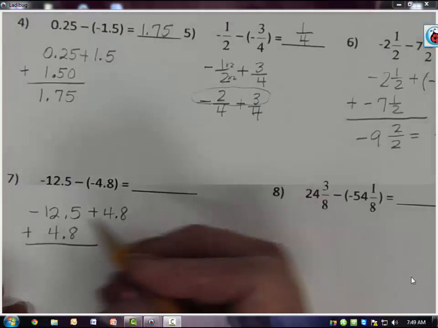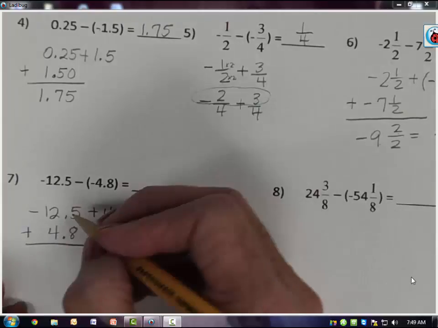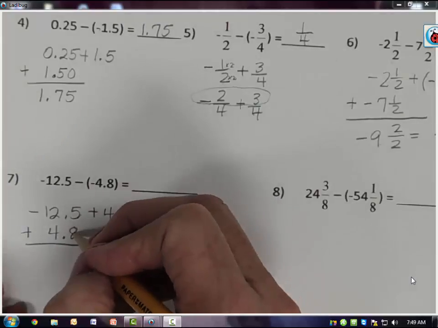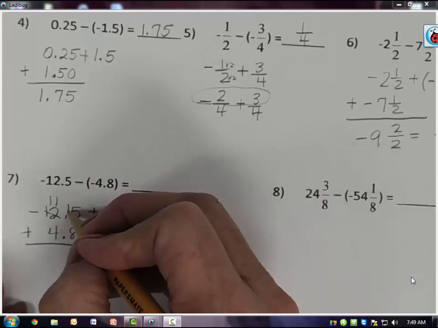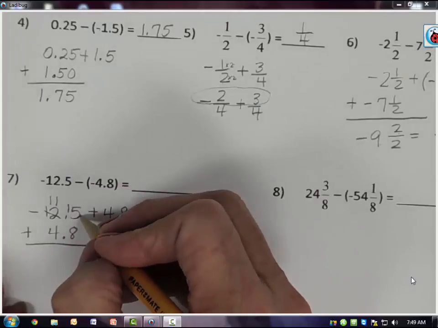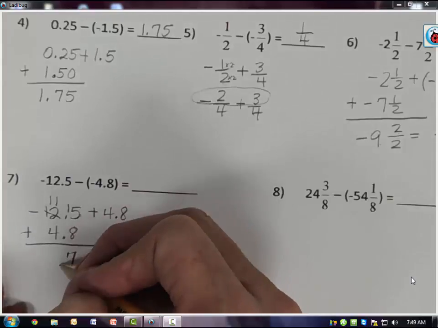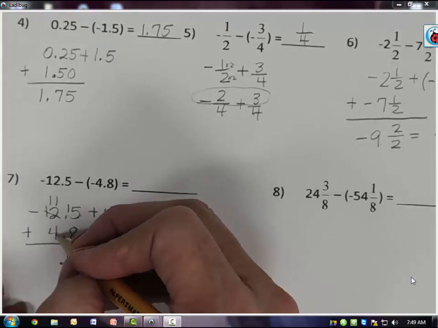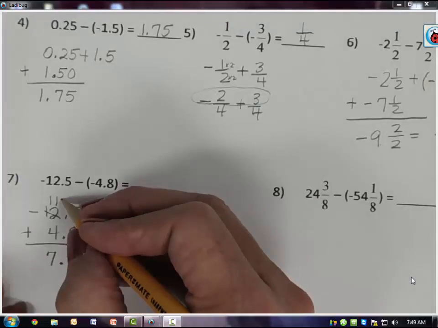We cannot subtract 5 minus 8, so we have to borrow from the 12 and put that 1 that we borrowed onto the 5 to make 15. 15 minus 8 is 7. Bring down the decimal, and 12 minus 4 is 8. Now, what do we have more of, negatives or positives? We have more negatives, so our answer is negative 7 7/10.